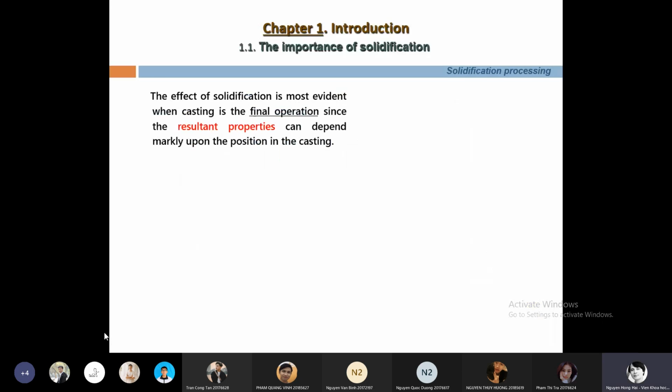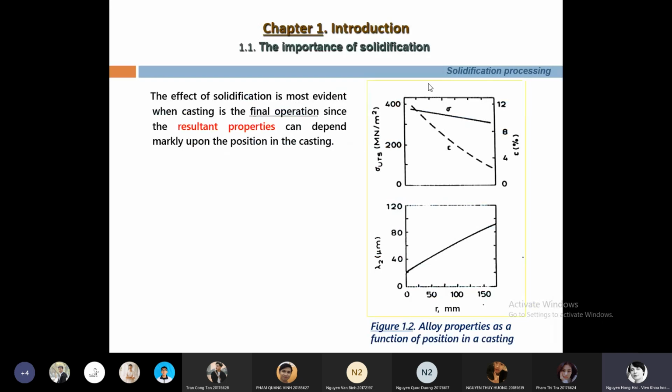And you can see the effect of the solidification. It's very evident, and casting is the final operation. You can see here the dependence of the mechanical properties, strength, sigma, and elongation, upon the fineness of microstructure.